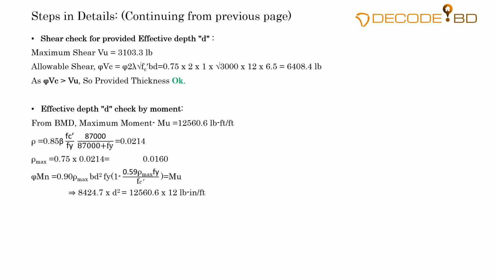Here we can see 8424.7 into d square equal to Mu, 12,560.6, as it is pound feet per feet. If we want to convert it in inch, we have to multiply by 12, because on the other side we have used fy 60,000 psi, f'c 3000 psi, so per square inch, pound per square inch, so we have to convert Mu also in pound inch per feet.